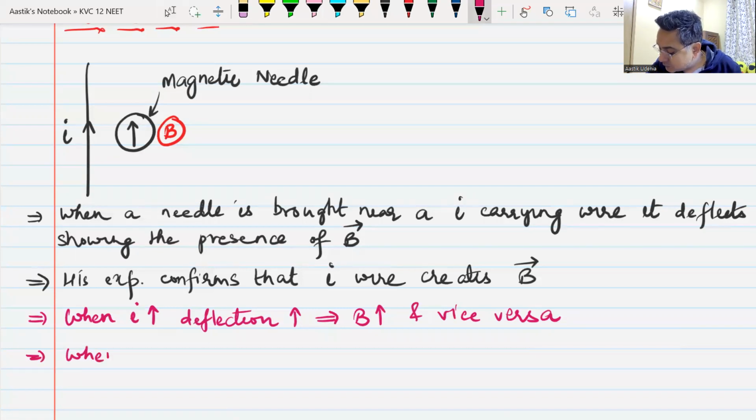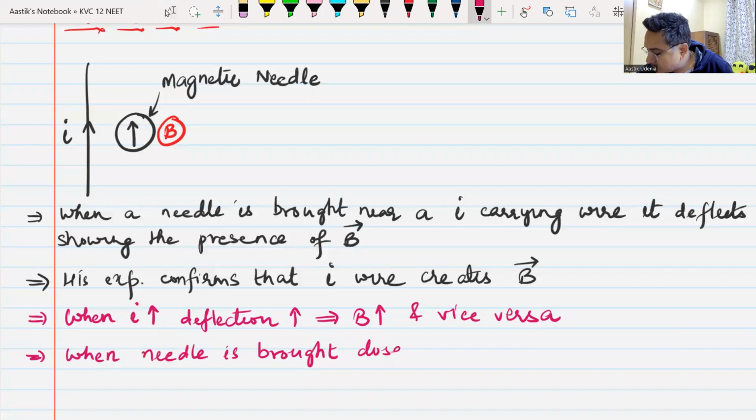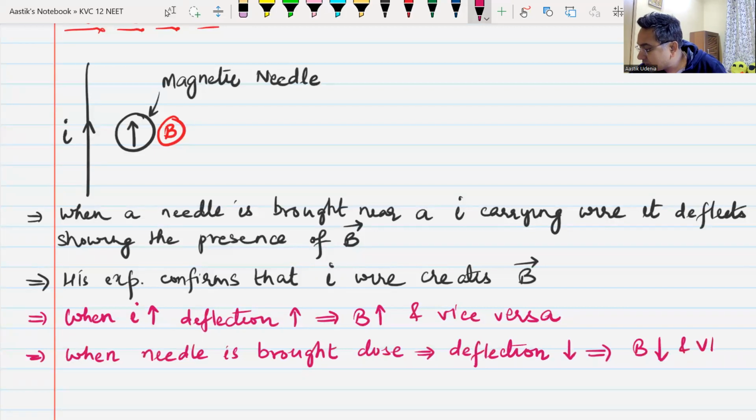When the needle is brought close, then he observed that the deflection in the needle decreased, which implies that the value of magnetic field decreases, and vice versa.